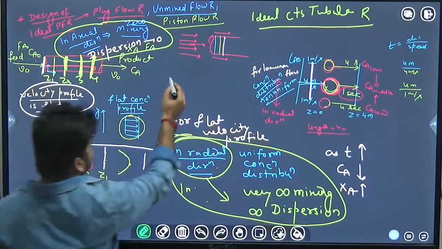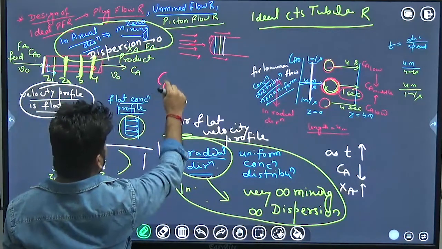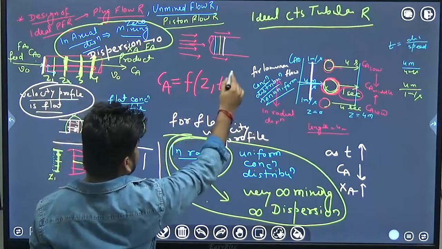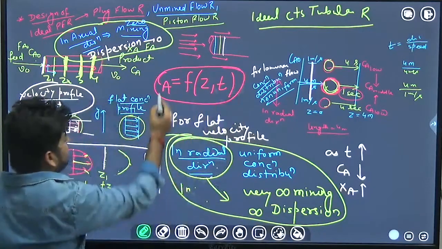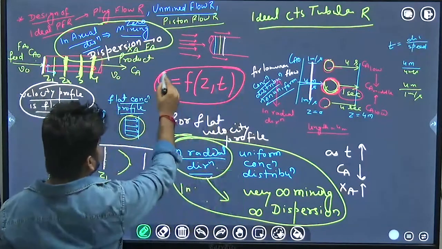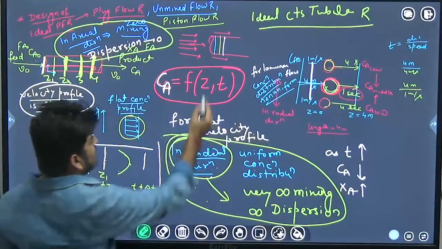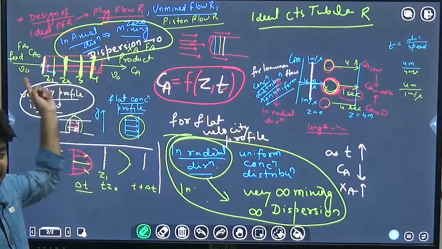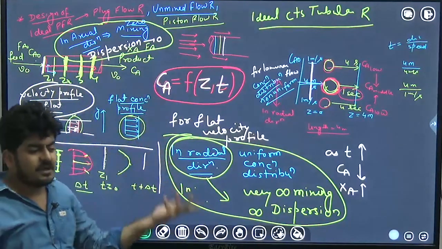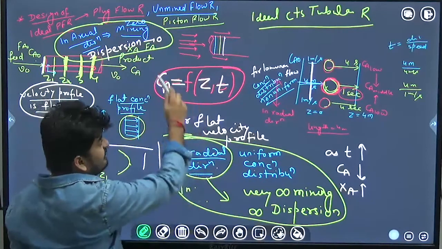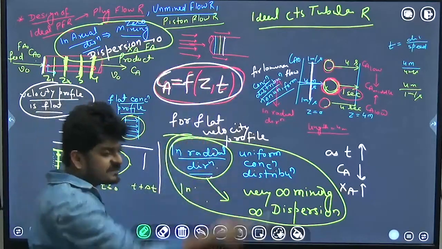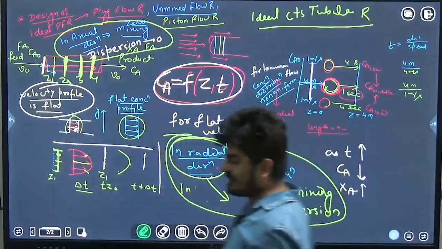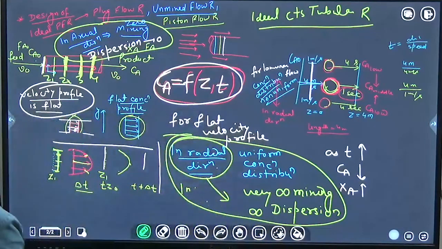It means that for PFR, concentration is a function of length as well as reaction time. At different lengths we have different concentrations. This is the second main characteristic of the PFR. So these two characteristics should be clear to all of you.